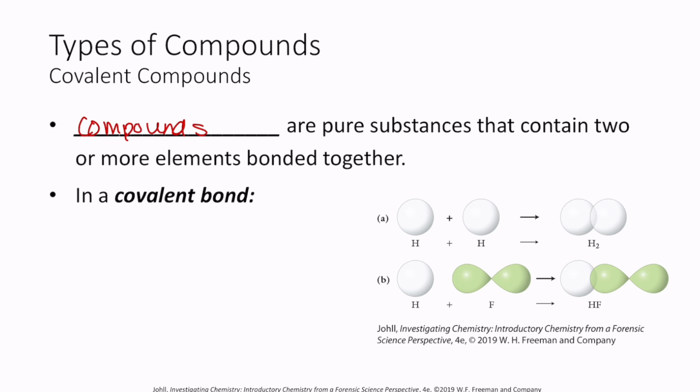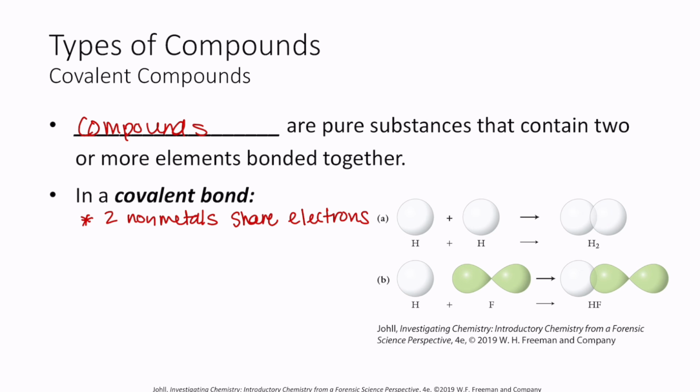So within a covalent bond, we're going to have two nonmetals. All right, so there's going to be two nonmetals that are sharing electrons. So that's how the covalent bond is formed.